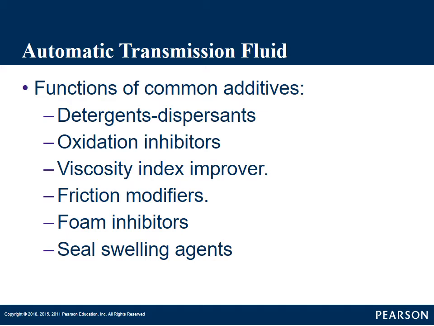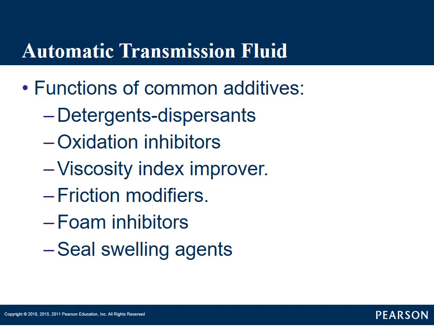We have additives in there to improve what we call viscosity index improver, similar to engine oil, to where we can change the viscosity of the fluid depending on the temperature. So in colder temperatures, we can get that fluid to be a little thinner in essence. And at warmer temperatures, we can get it a little thicker, just to help the transmission operate.